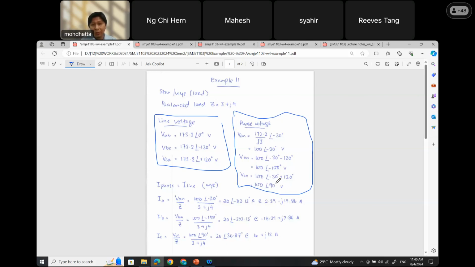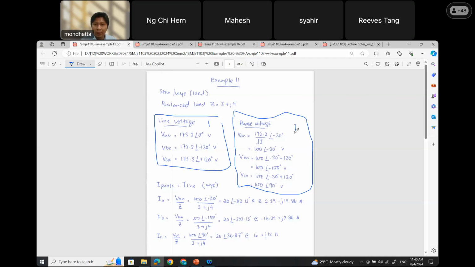So you need to have the phase voltages information in order for you to use the Ohm's law to calculate current, maybe to calculate the impedance. In this case, maybe impedance were given. Then we need to use the phase information in order to calculate our current. So this is the first thing that I will do.